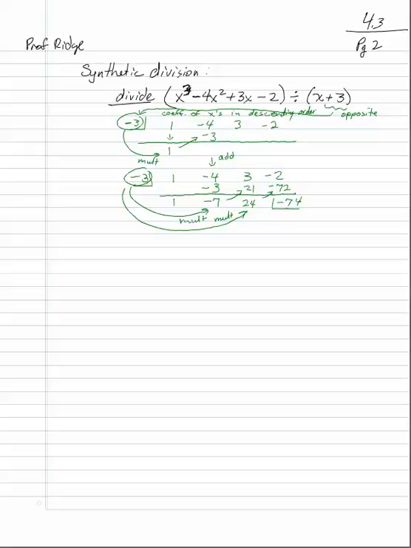Okay, now this last line, this is going to be the coefficients of the quotient. And then this, in the last box here, that's the remainder.